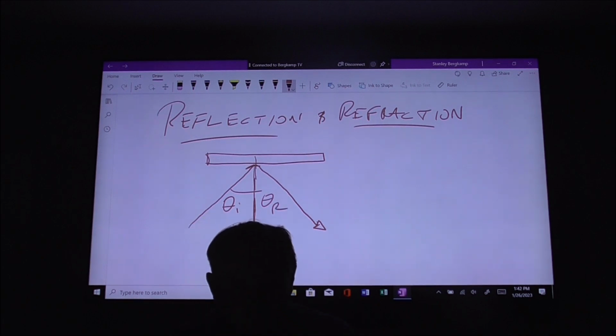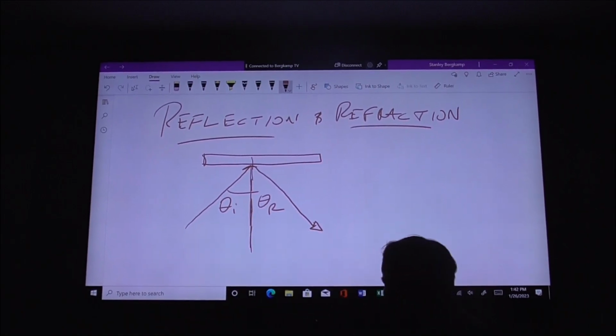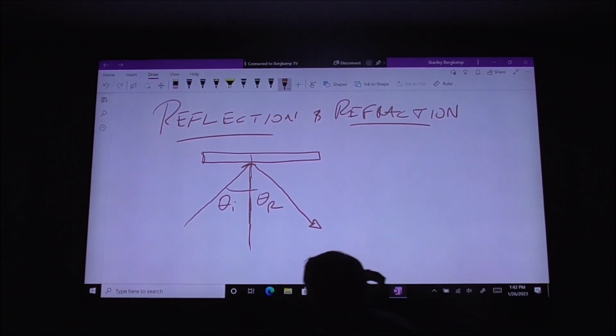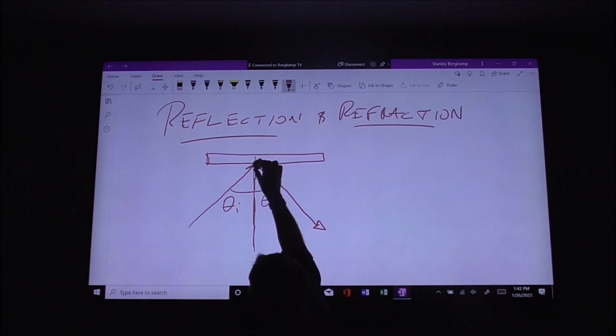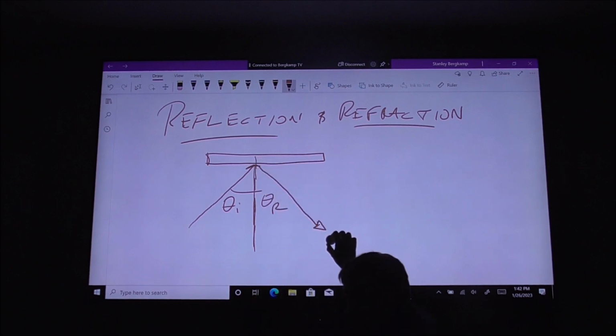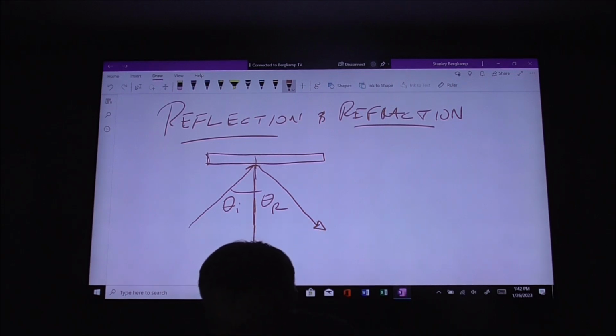If you go with the analogy of light being made of particles, imagine that light comes in, hits a wall, and bounces off of it. As long as it's a flat surface, and this is a huge if, your angle of incidence is going to equal your angle of reflection.